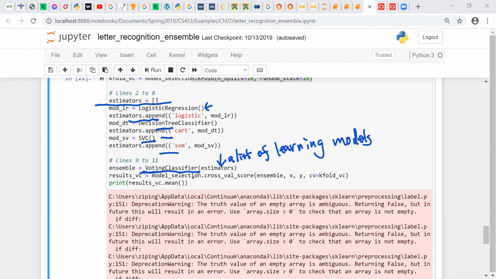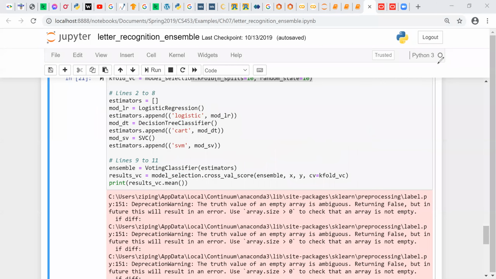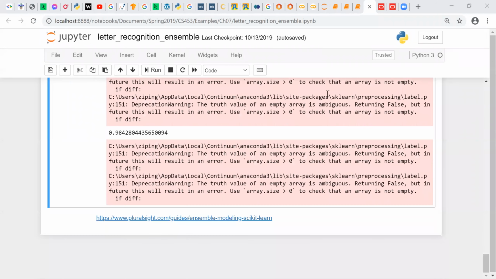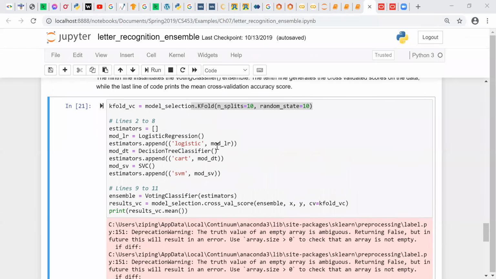And then it does cross-validation, and you can find its average. Here we use the average accuracy, and the average accuracy is also around 98%. So not too bad.